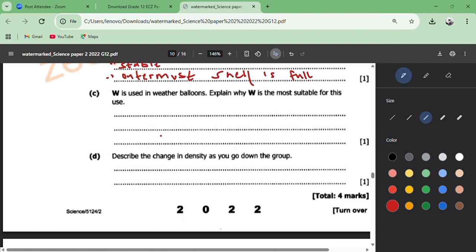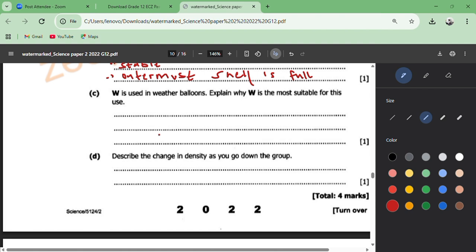What do you think is the reason why? I like that answer. Can you just repeat it? That's a very good answer. Very correct. So it's due to the increase in atomic mass and atomic radius going down the group.